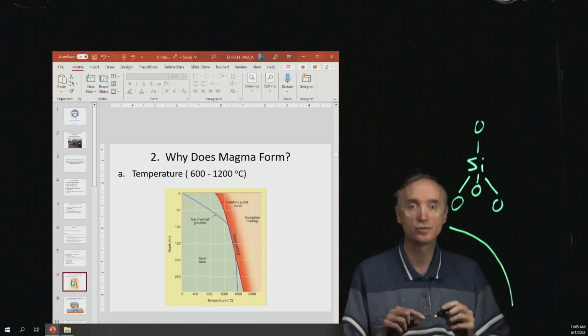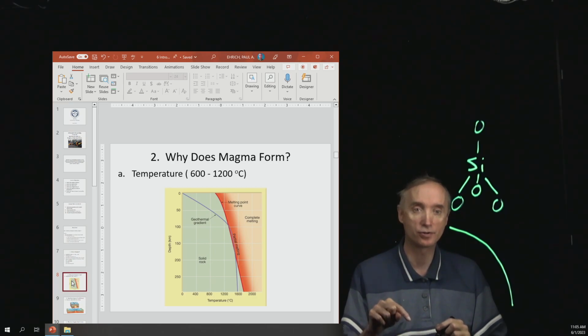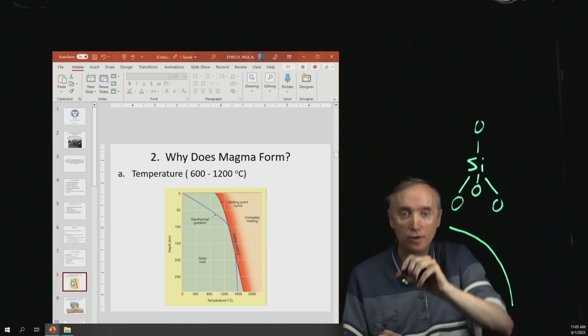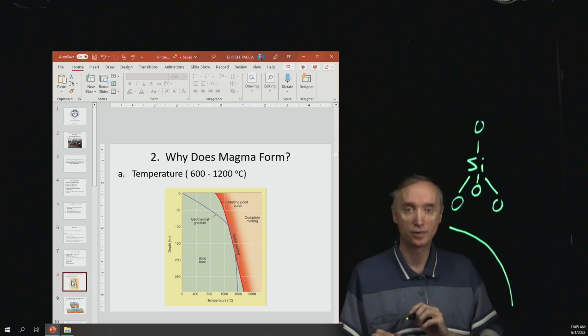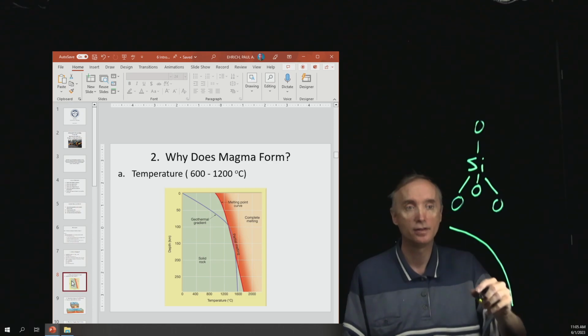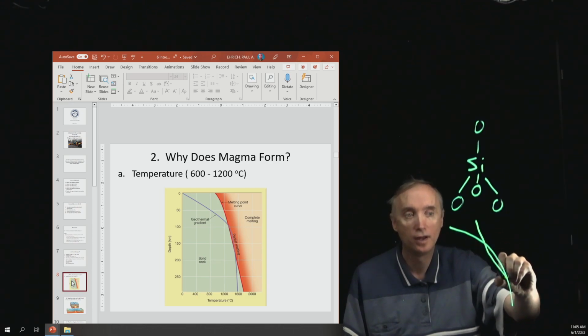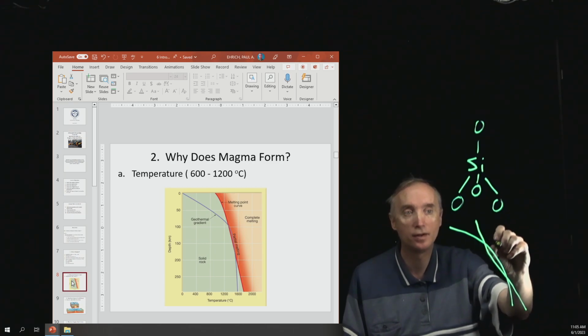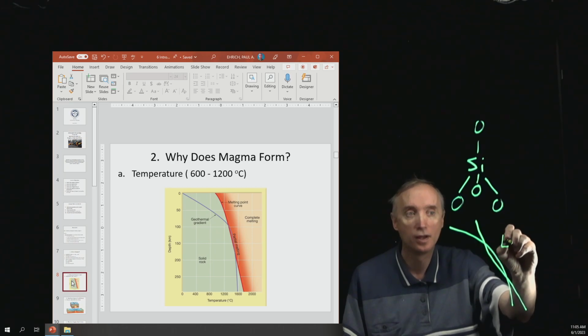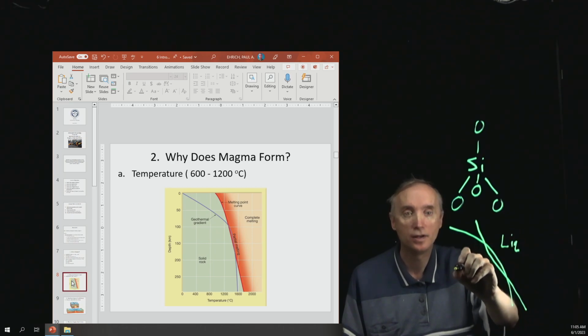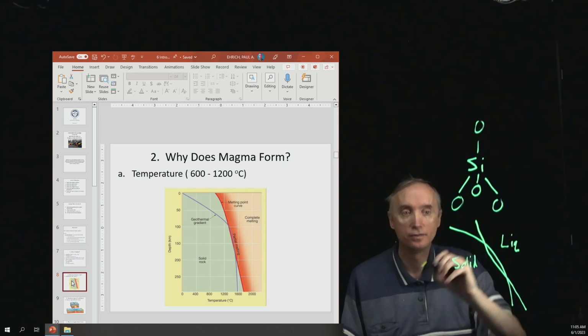So that's the actual temperatures and pressures the deeper you go inside the Earth. And you'll notice that it intersects, so there's a point at which it does this, and then over here is when it's a liquid, and then over here is when it is going to be a solid.